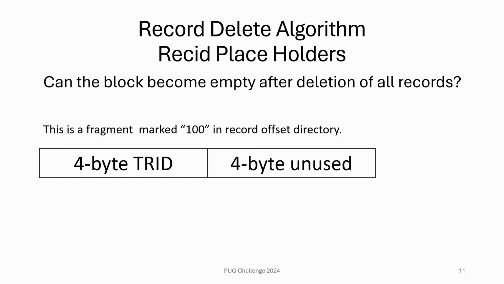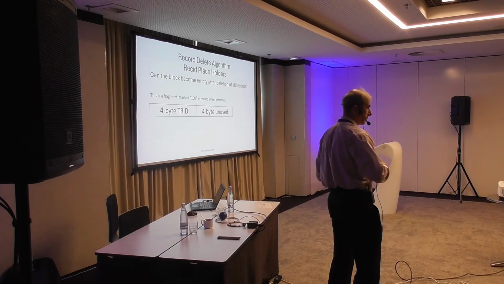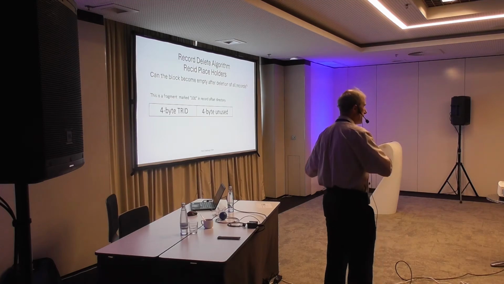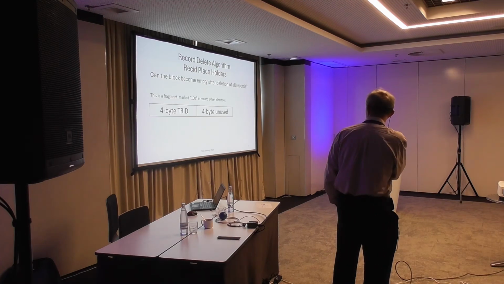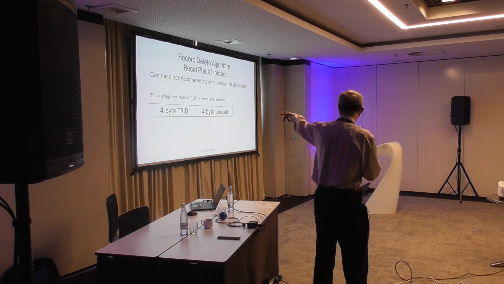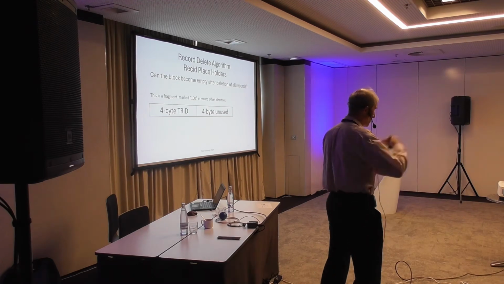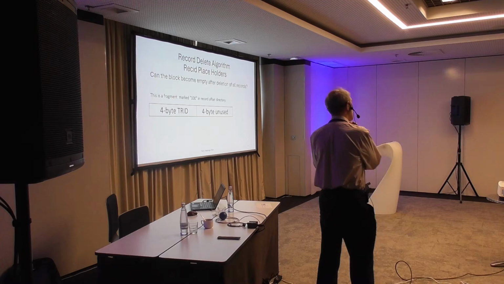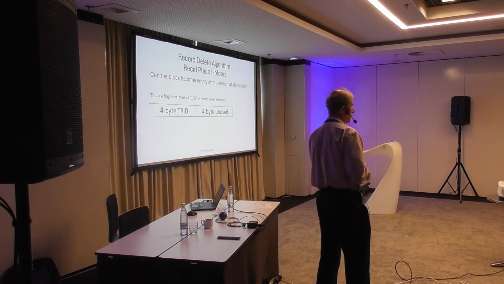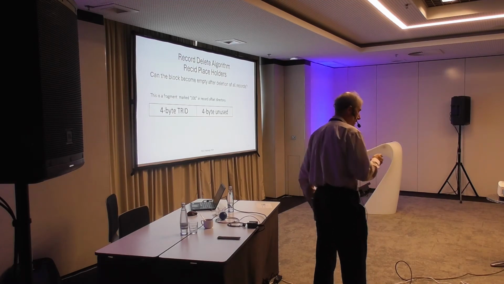So if you delete the record, Progress has to reserve the room, reserve the place for this record in case the transaction is rolled back. Progress will immediately delete it, but it will put a transaction ID inside, in the place of this record. So if the deletion is rolled back, it will put the record exactly at the same place, reserving the row ID.